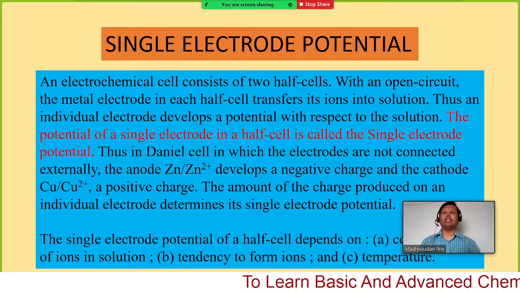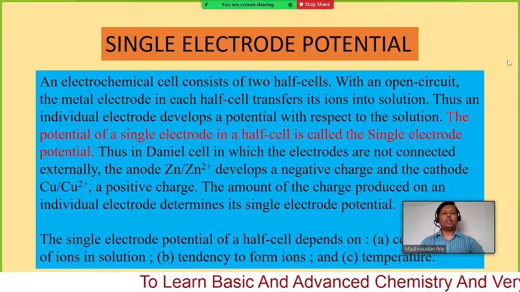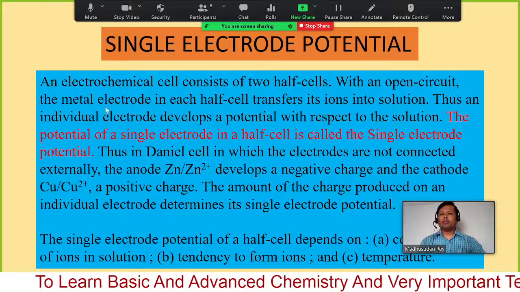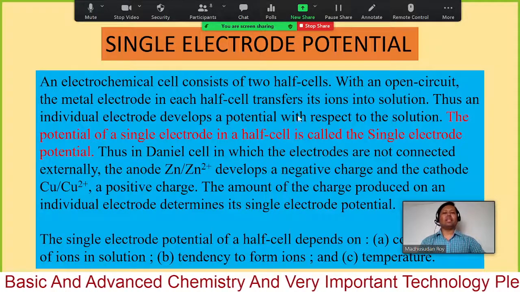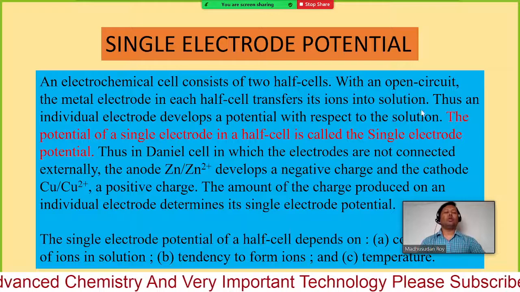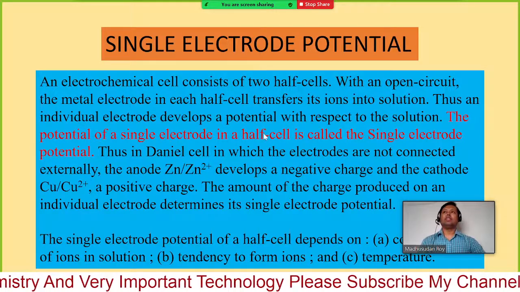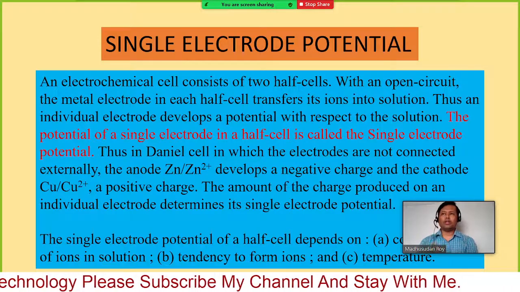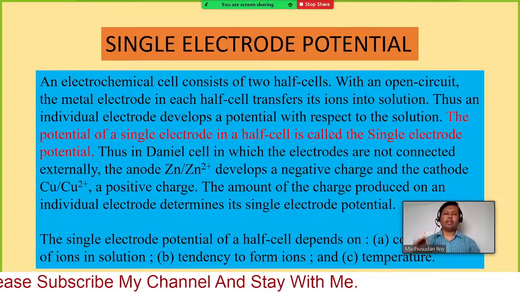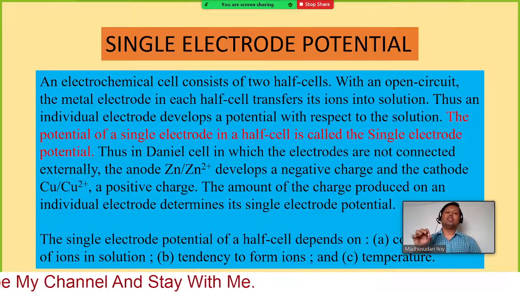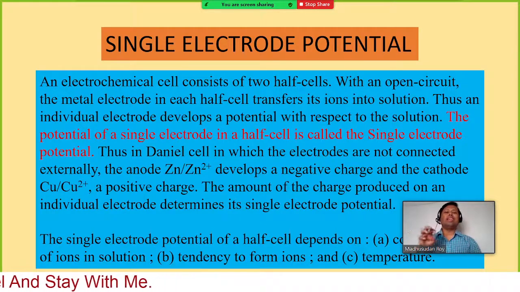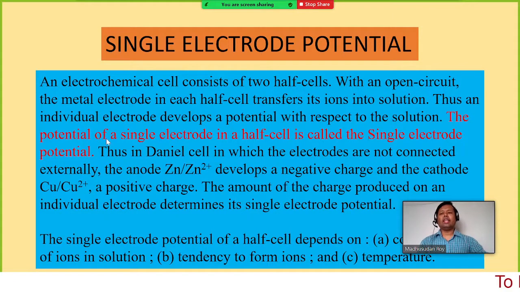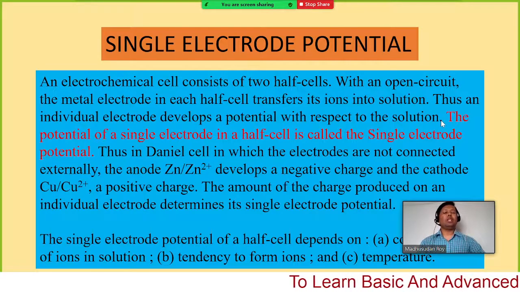So with an open circuit, the metal electrode in each half cell transfers its ion into solution. That means if you dip an electrode into an electrolyte, the electrode will donate some electrons to the electrolyte. Thus an individual electrode develops a potential with respect to the solution.